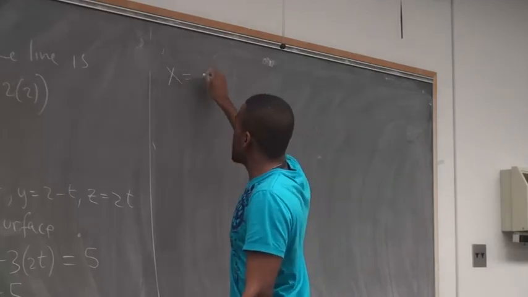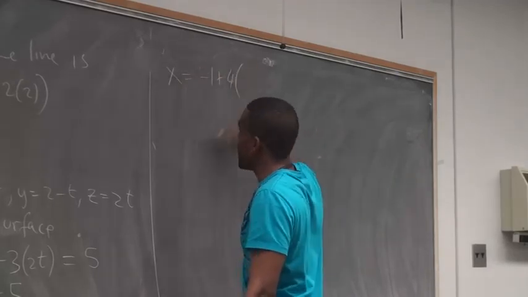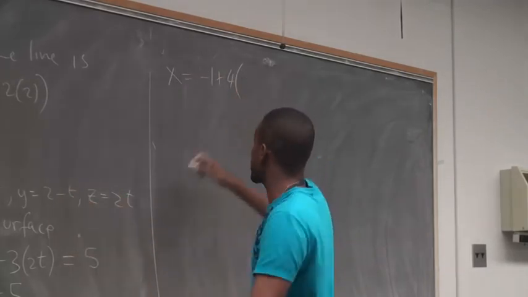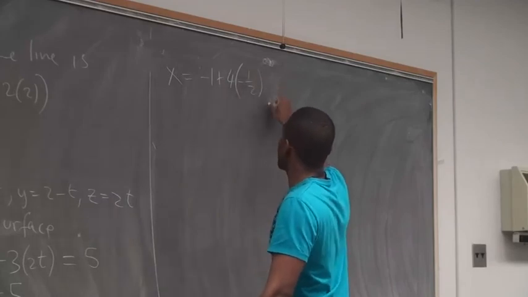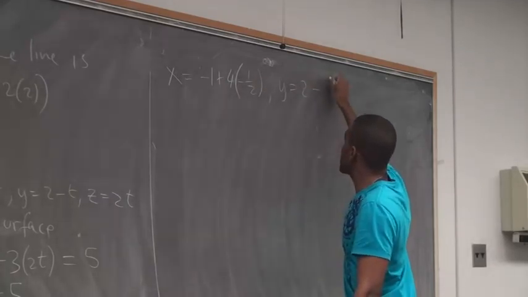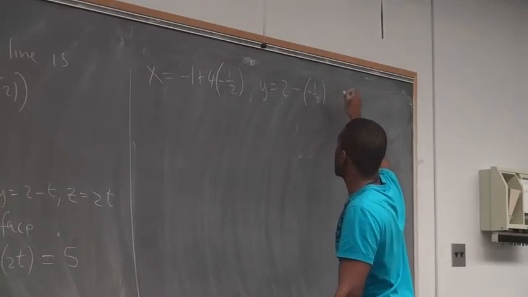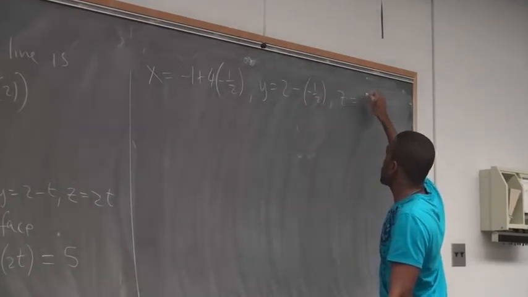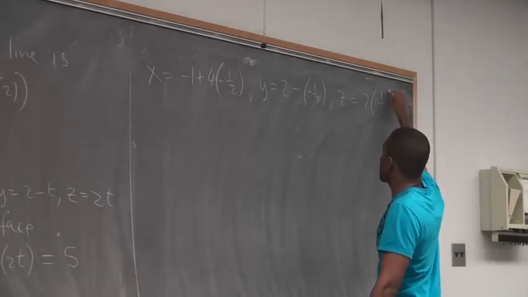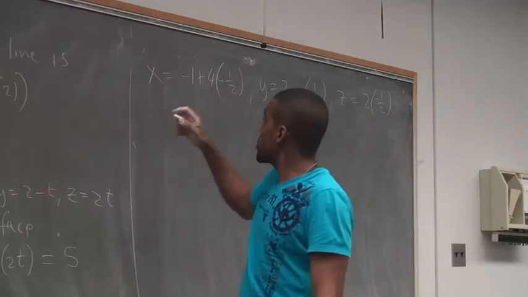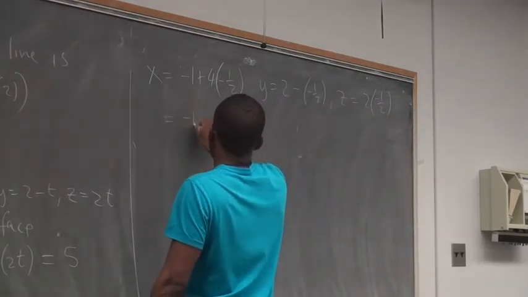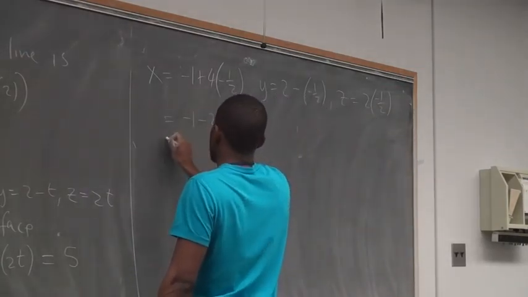Okay, so x is equal to minus 1 plus 4 times minus a half. y was equal to 2 minus a half. And z was equal to 2 times minus a half, right? So that's minus 1, minus 2.